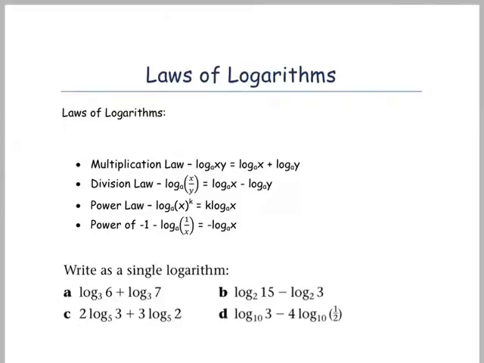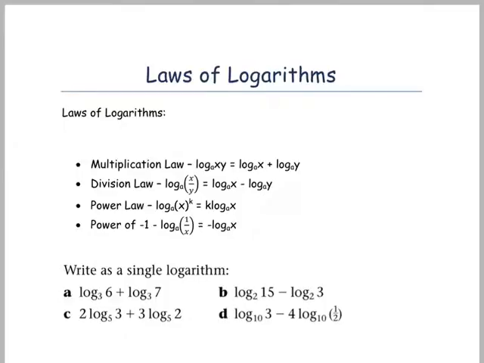Similarly, the division law, where all the bases are the same again: log to the base a of x divided by y is equal to log a of x minus log a of y. So those two are the opposite of each other, very similar to laws of indices, where when you're multiplying powers you add them, and when you divide them you subtract the powers.